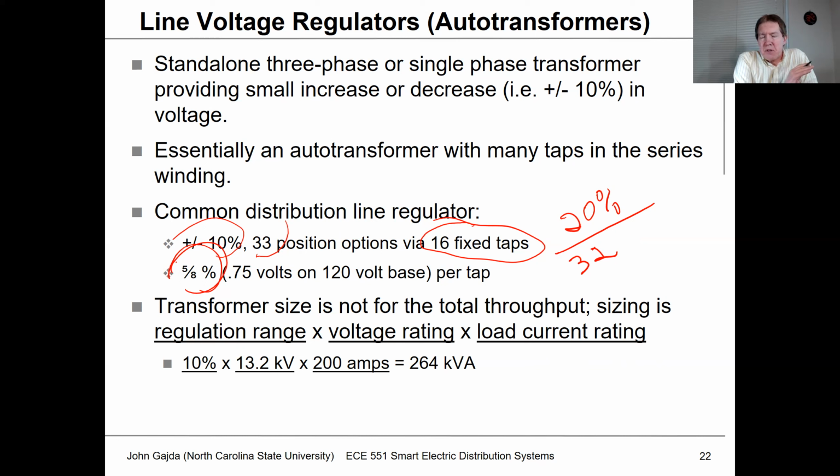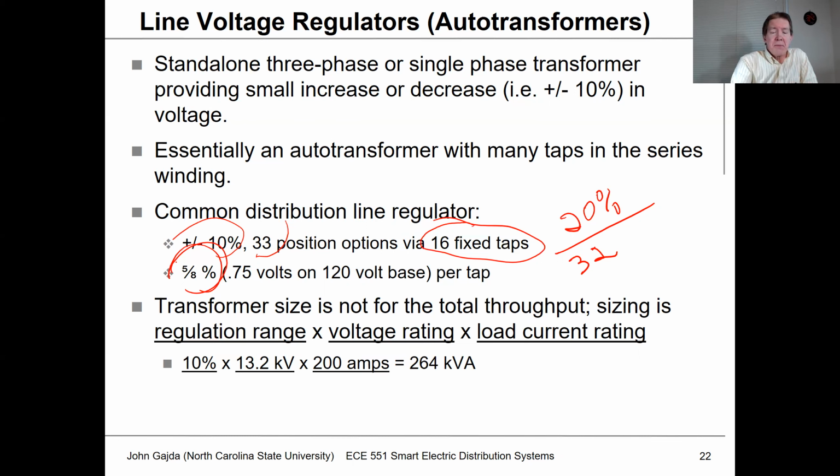One other thing to keep in mind with these autotransformer arrangements is that the primary and the secondary winding are connected together. So the amount of rating required is not going to be the same as a regular transformer, where we need isolation between the primary and the secondary side.